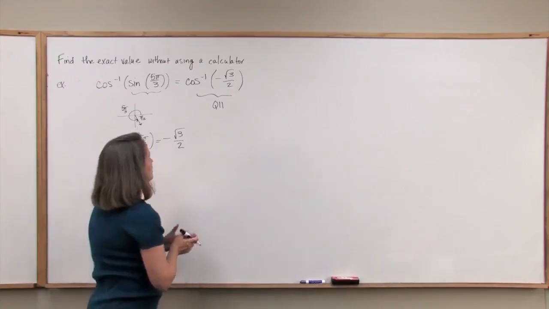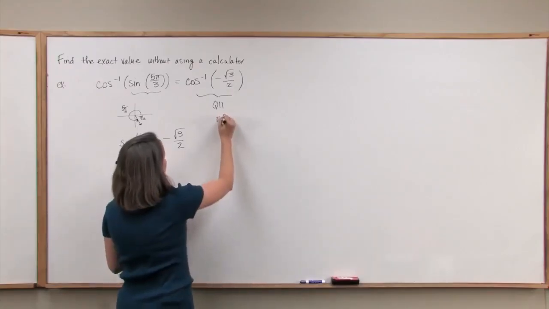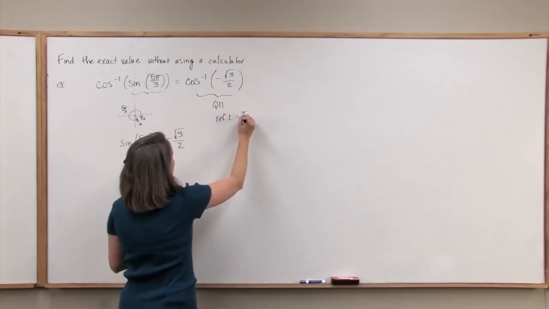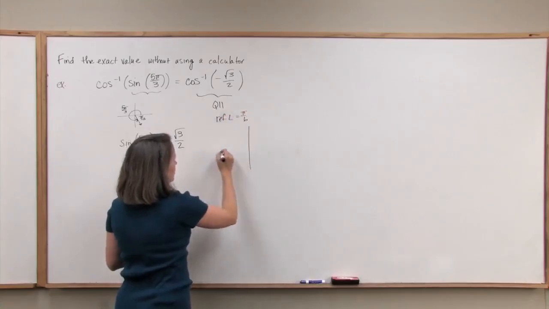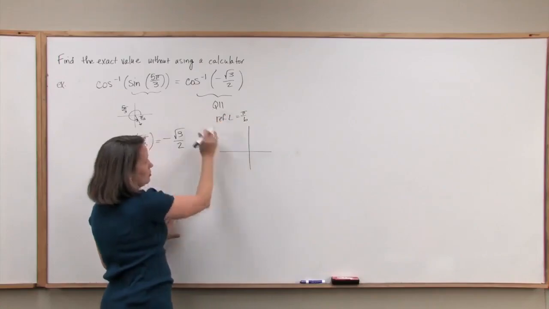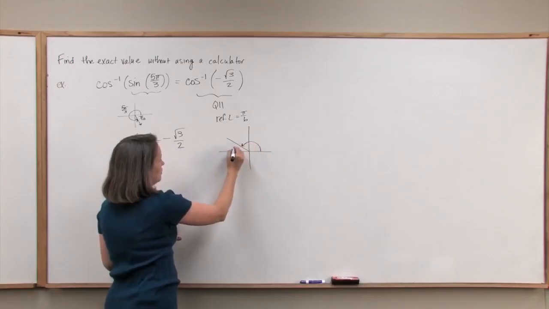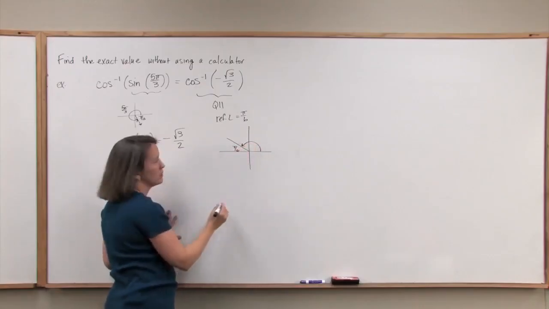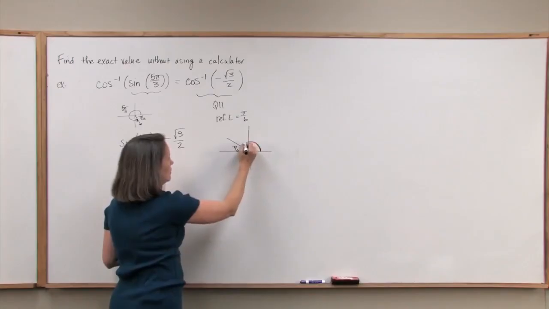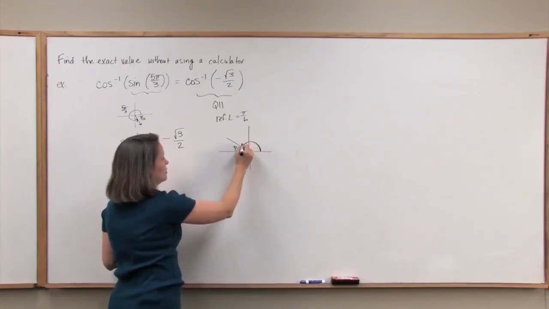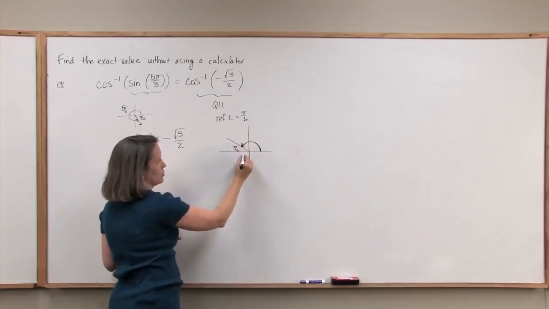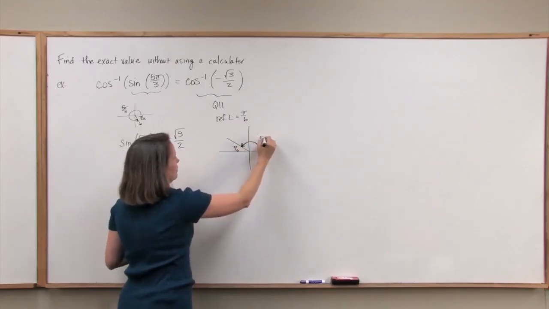Pi over 6. And we're going to draw a picture because we know our angle's in quadrant 2, that our reference angle is pi over 6, and so we know that the angle we're looking for whose terminal side lies in quadrant 2 must be 5 pi over 6.